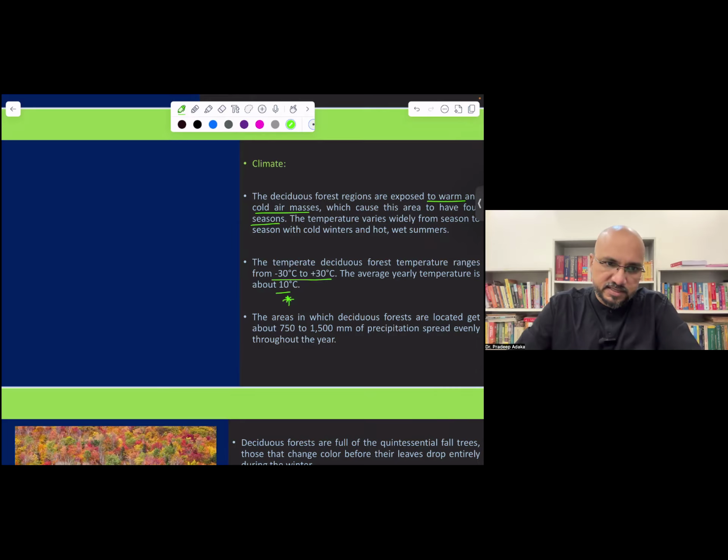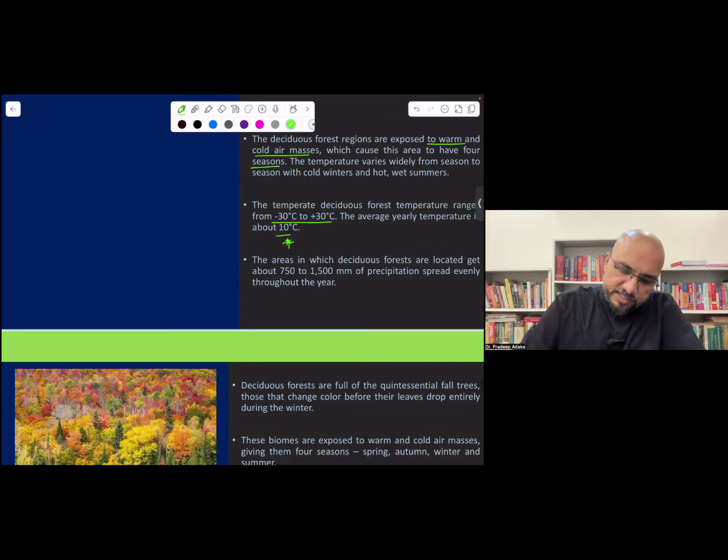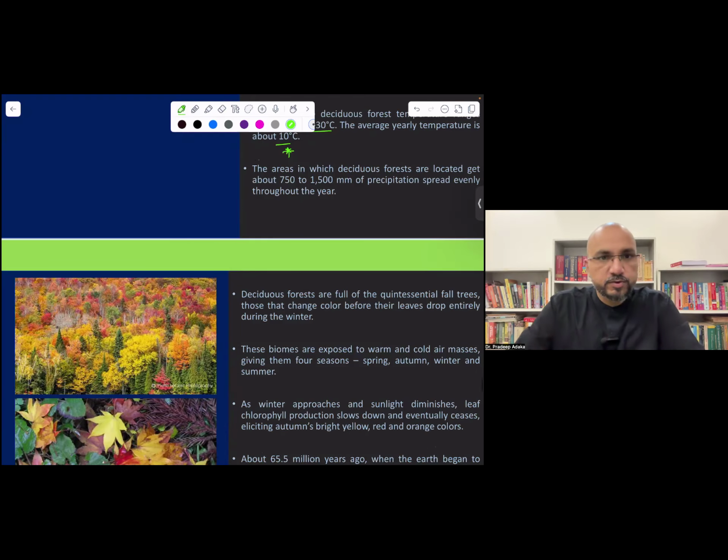So temperate regions of the earth. Areas in which deciduous forests are located get about 750 to 1500 mm precipitation throughout the year on average. So you know the temperature conditions, where they are located latitude wise, and the precipitation.